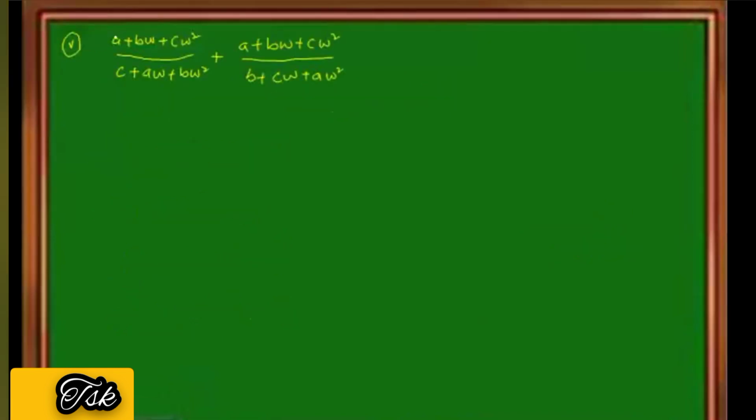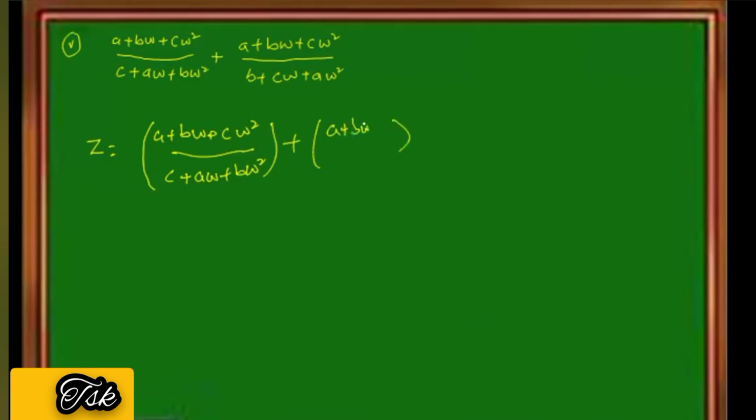This you consider as z. You consider this as a plus b omega plus c omega square by c plus a omega plus b omega square. And then this as a plus b omega plus c omega square by b plus c omega plus a omega square.